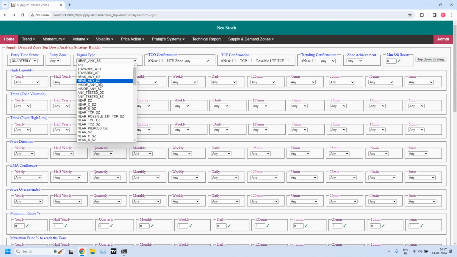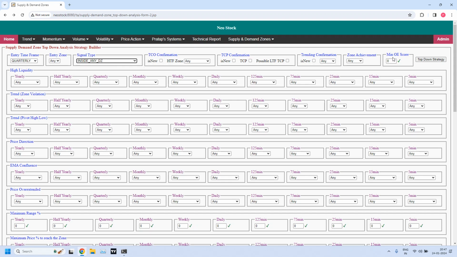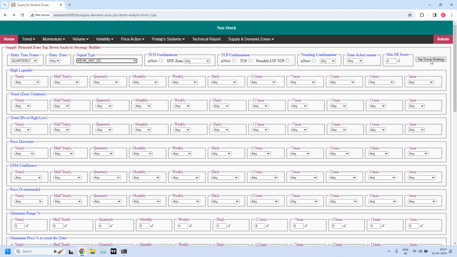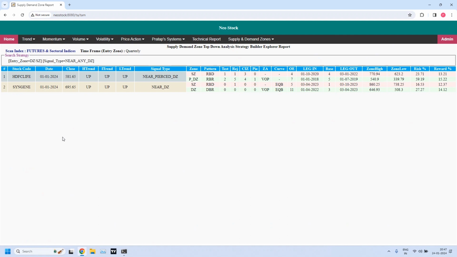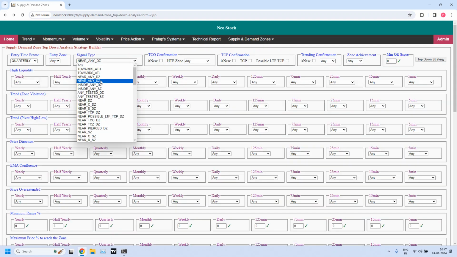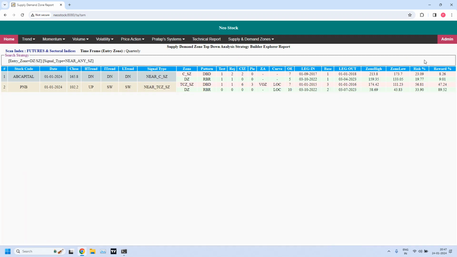Let us find the stocks near the quarterly demand zone. We have identified two stocks. Let's go back and find the stocks near the quarterly supply zone. Two stocks are available here.